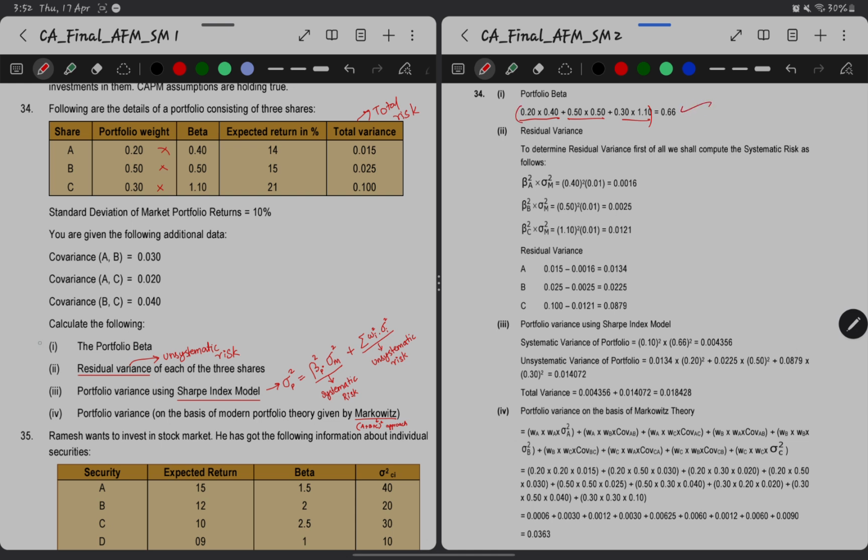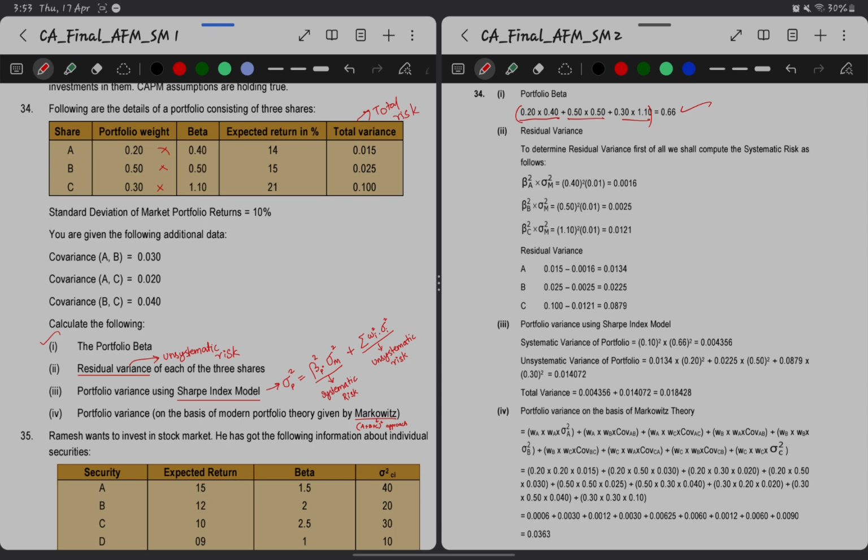Then the second requirement is the residual variance of each of the three shares. Now we have the total risk of the three shares, and residual variance is nothing but the unsystematic risk. So we need to find out the systematic risk, and whatever is left over, that is what is residual, right?